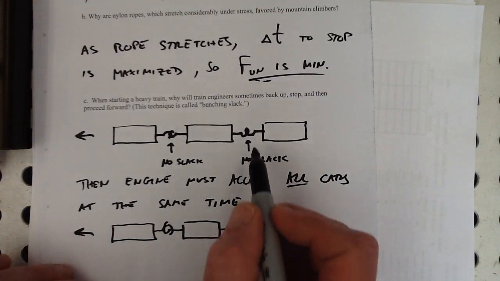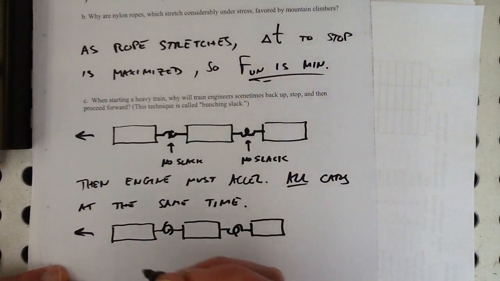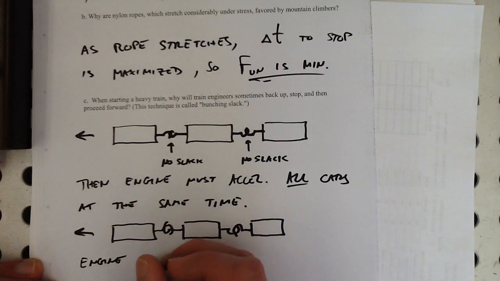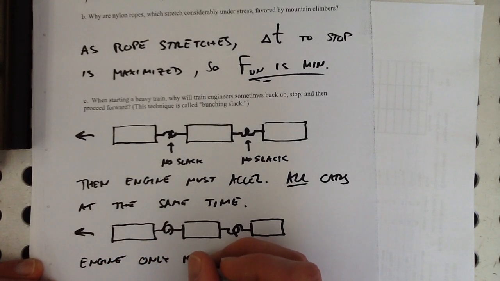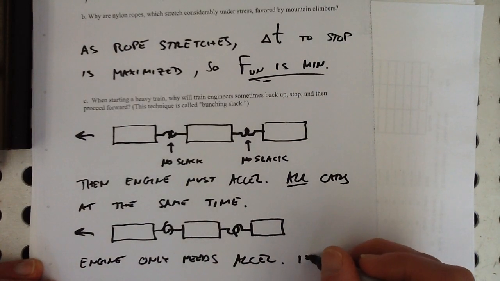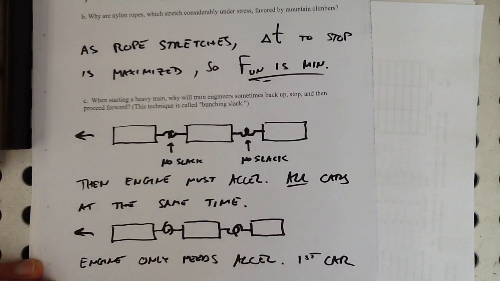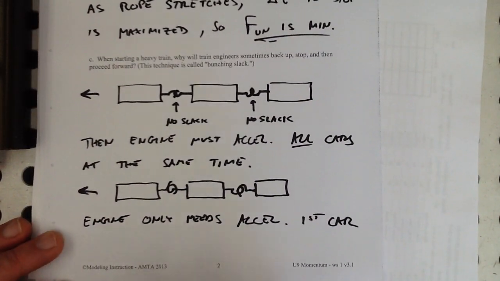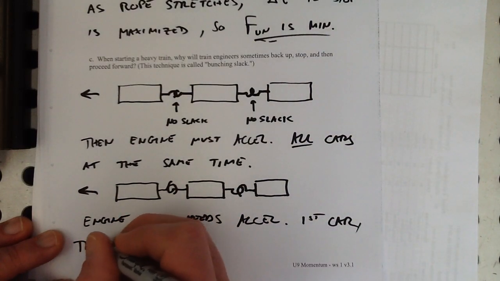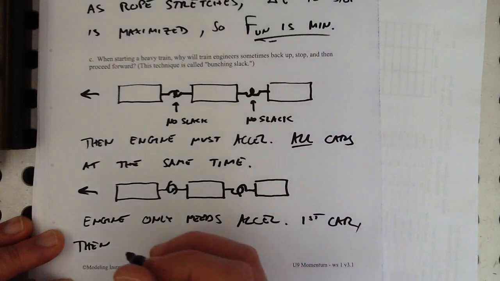But it doesn't have to start all of them from rest. The first car, I'm assuming that first car is itself the engine. And then we get a bunch of little collisions down the way.